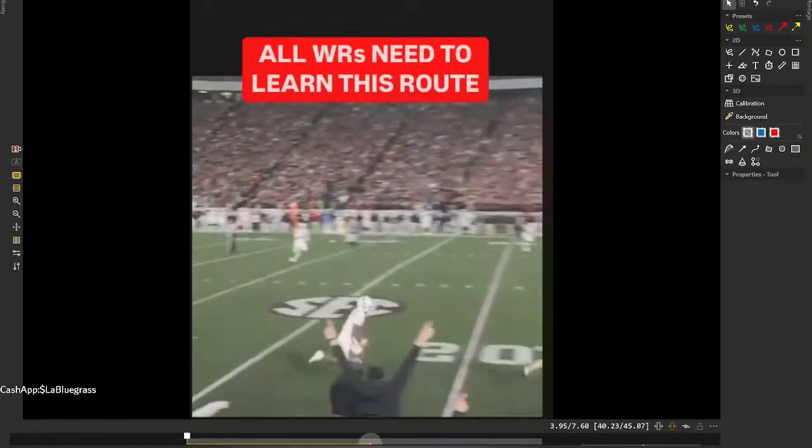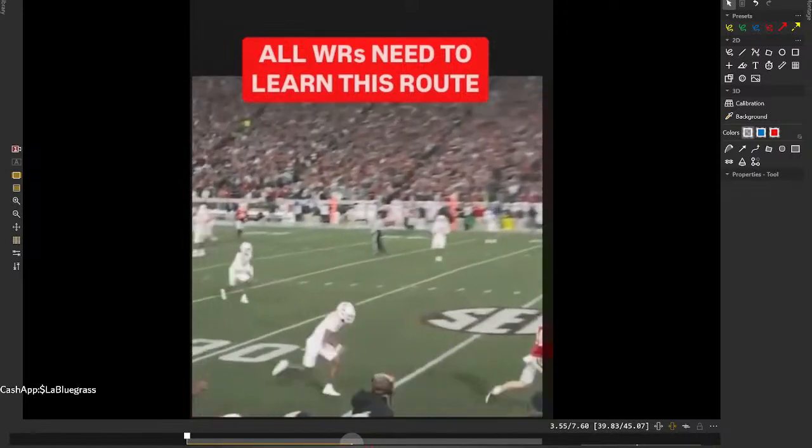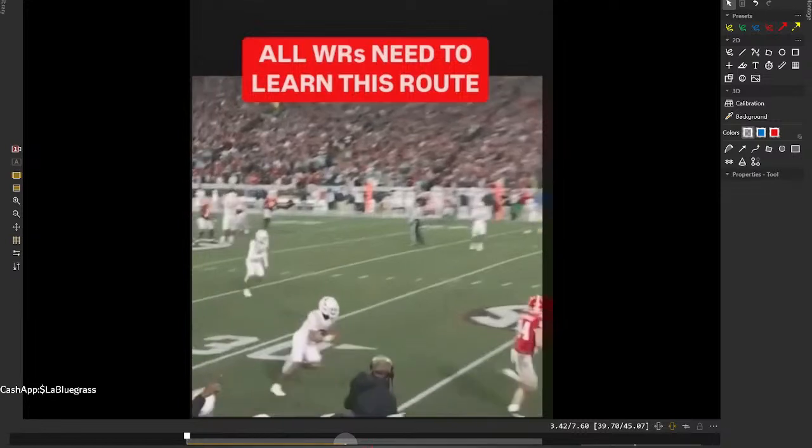The next thing that screams 3D is right here. We got a curl defender. It looks like a curl defender right there. That looks like 3D. All right. So they probably zone pressure because it looks like there's 3, and maybe they rush 5.